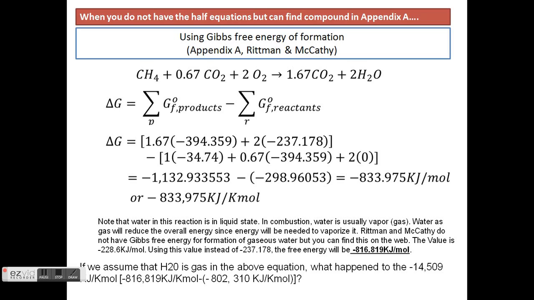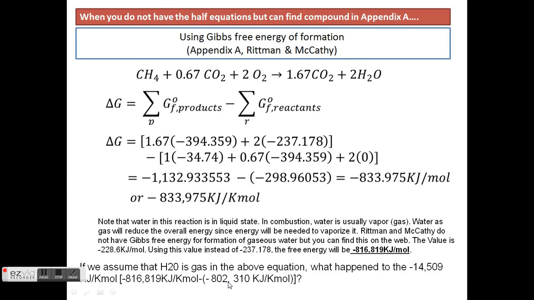We don't have the value for gas in Appendix A, but you can check that on the internet and you get this value. If we use that value instead of 237, which we used, we see our energy will be 816, which is still higher than what we calculated in the thermochemical equation example.